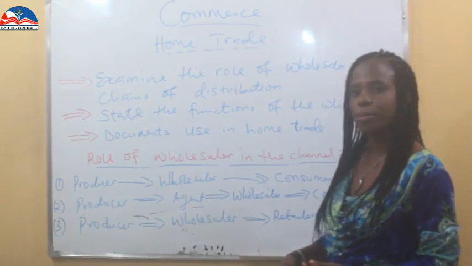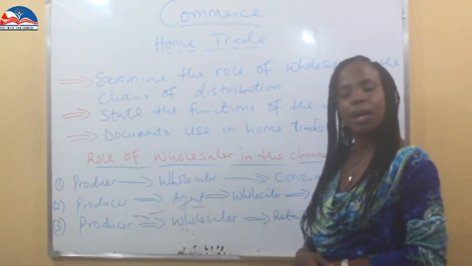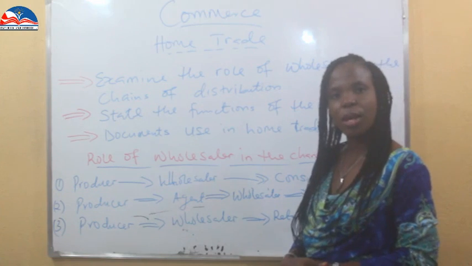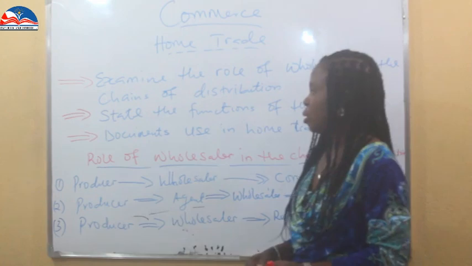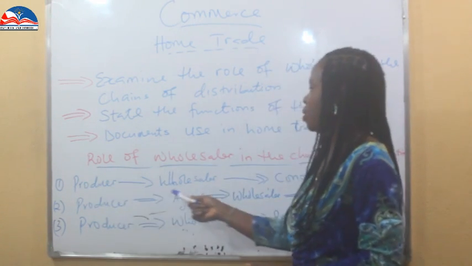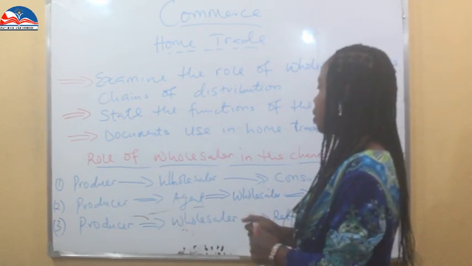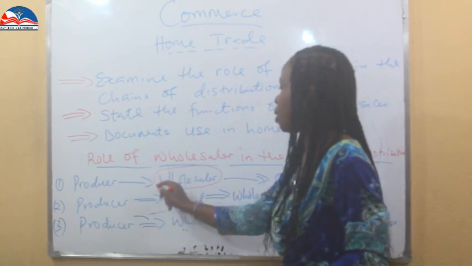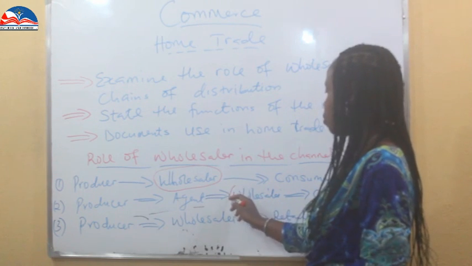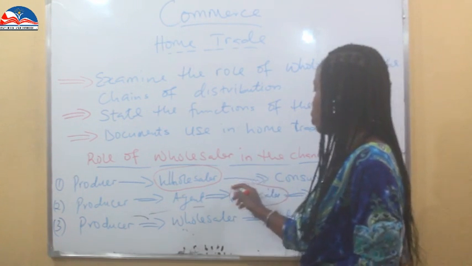So from this diagram, the wholesaler appears in 3 of the channels. How do they function? What is their role? These are the people we are concerned about, the wholesaler.